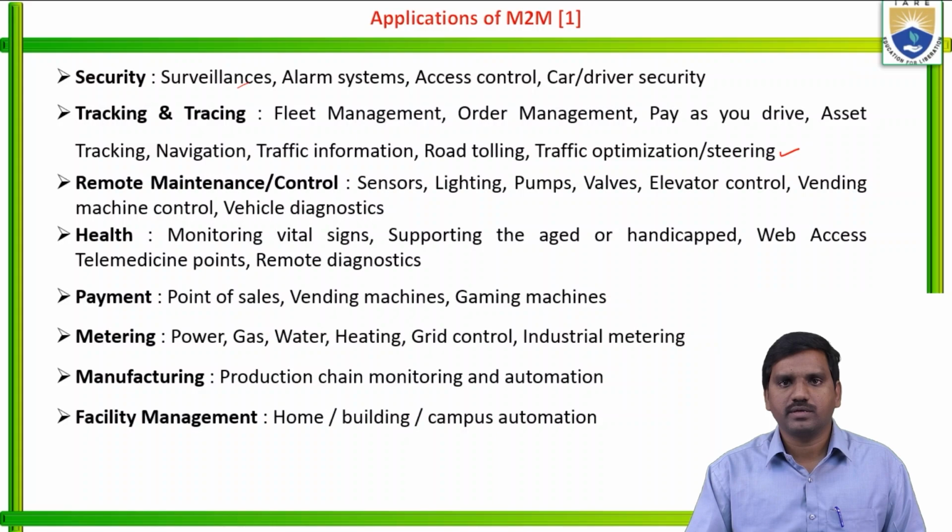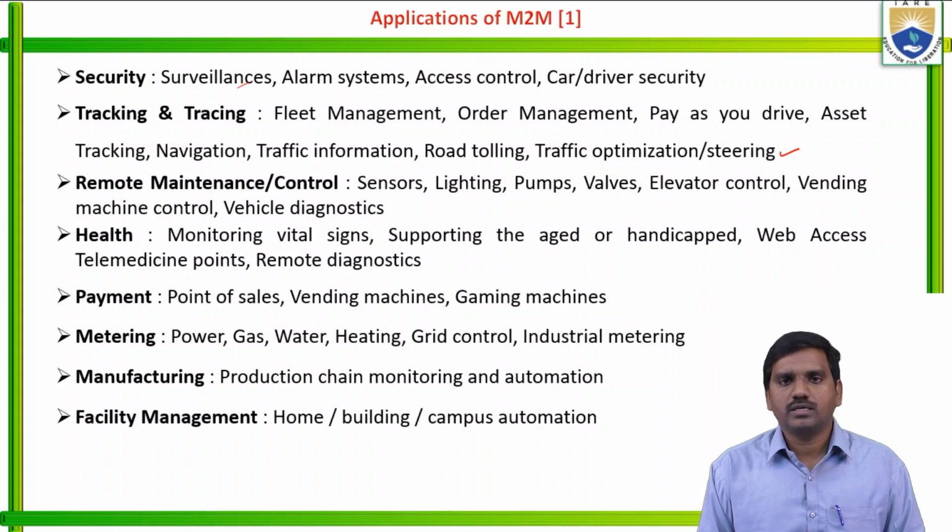They can observe patient details like temperature, blood pressure, and sugar, and after measuring the parameters, they can write the prescription in virtual mode. So the health department also uses M2M as an application.